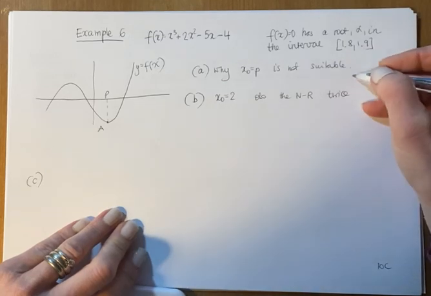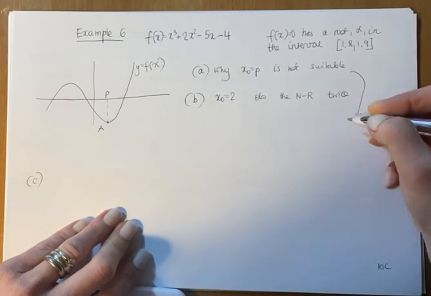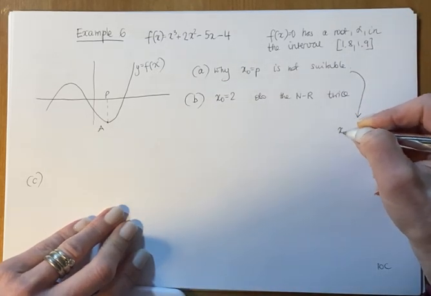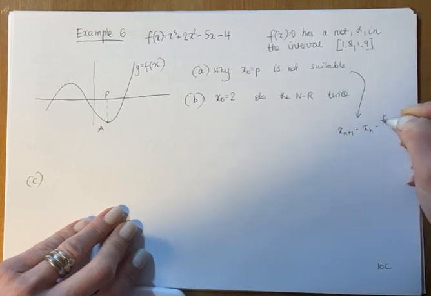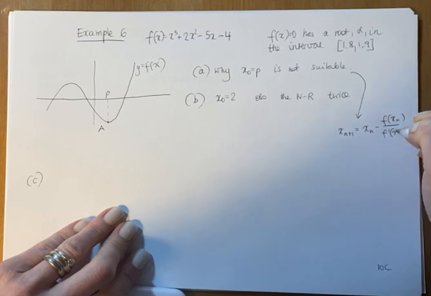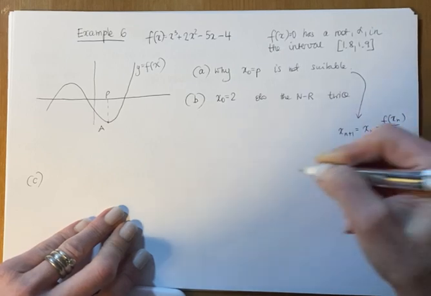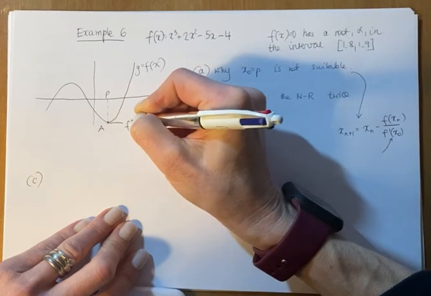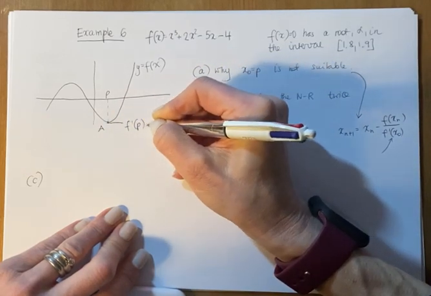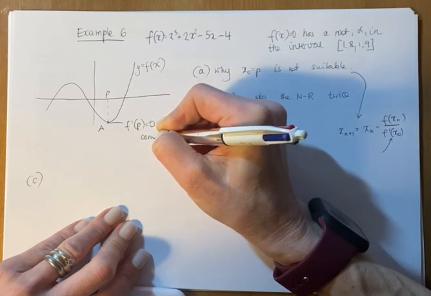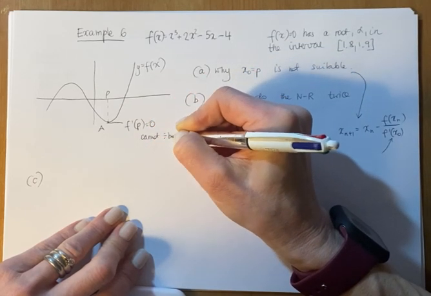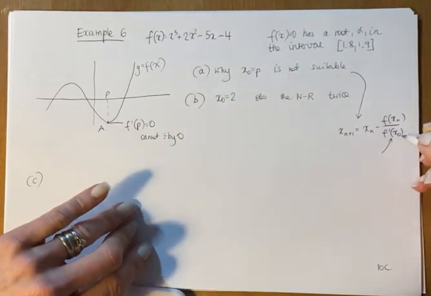And if you directly refer to the formula, you could see that over here we are going to be dividing by the gradient 0. So here f dash of p is equal to 0. We cannot divide by 0, but I wouldn't just say that.